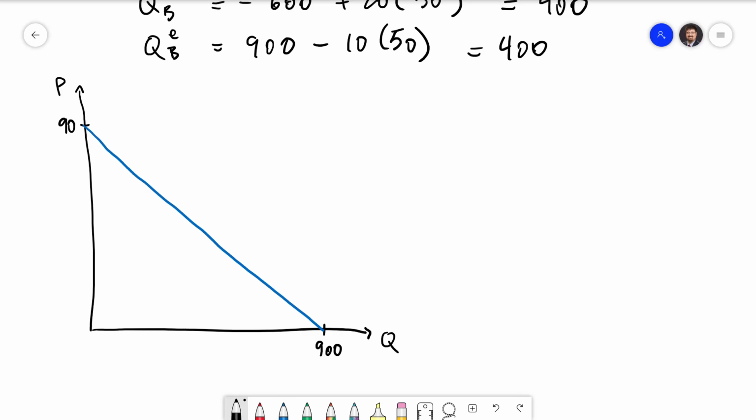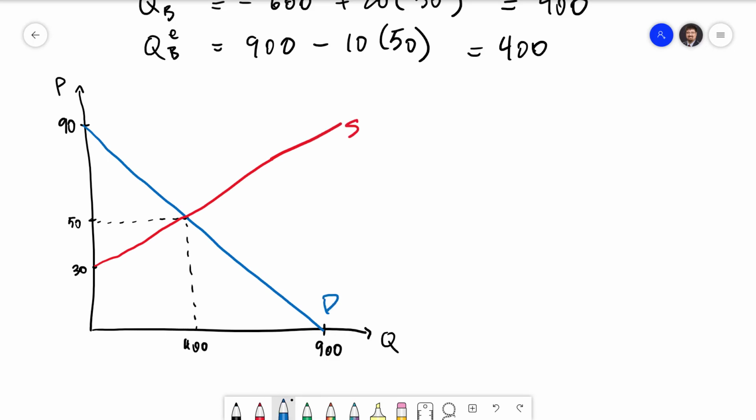Our supply function has an intercept of 30. We also want to mark out our equilibrium, which is at a price of 50 and a quantity of 400. And so we know our supply function is going to look something like this. Mark those out with supply and demand, S and D, and that's our graph.